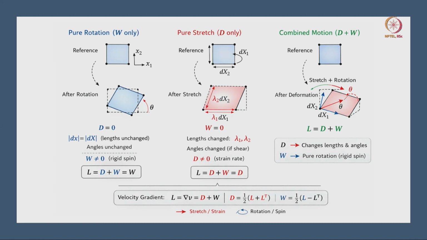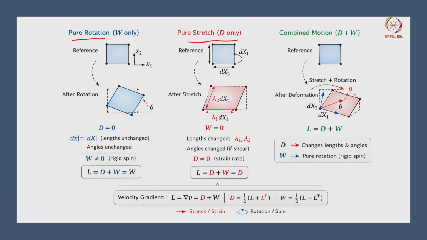Before that, this is a pictorial representation of what W does. It only connotes pure rotation rate. Always these are rates, so you should think of these as per unit time, what is happening. So, you talk of pure rotation per unit time, it becomes a rate. And D is pure stretching.